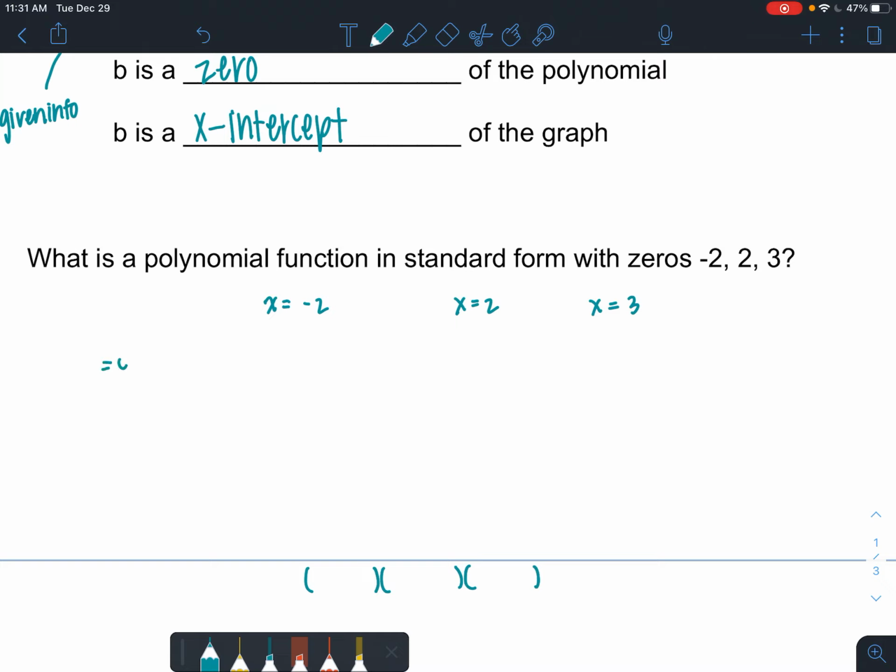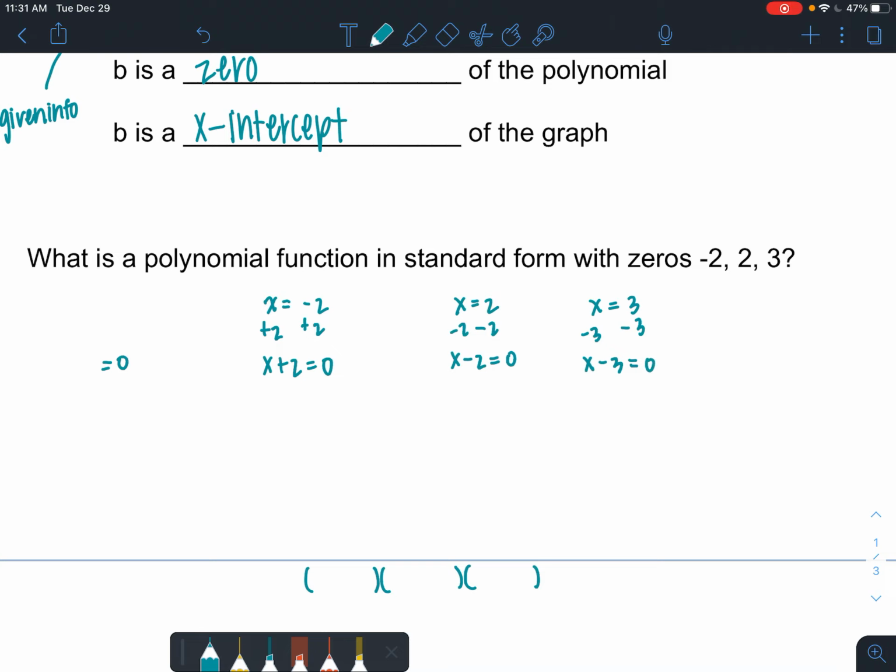So I need all of these to be equal to 0. So what I'm going to do is I'm going to add 2 to both sides. So I get x plus 2 is equal to 0. Cool. Then subtract 2 from both sides, and I get x minus 2 is equal to 0. And then subtract 3 from both sides, and I get x minus 3 is equal to 0.